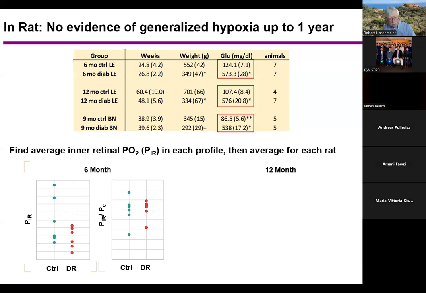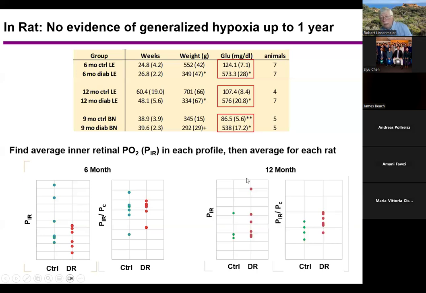We were unable to recalibrate the electrode at the end of the experiment in those cases. And so what we decided to do was to normalize the intraretinal PO2 by the choroidal PO2, because the choroid is not thought to be as affected by diabetes as the inner retina. And when we did that, there's obviously no difference between the controls and the diabetics.